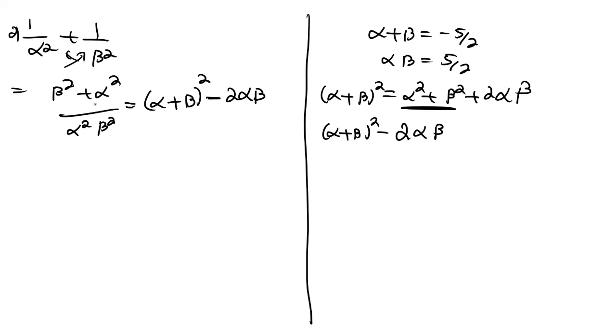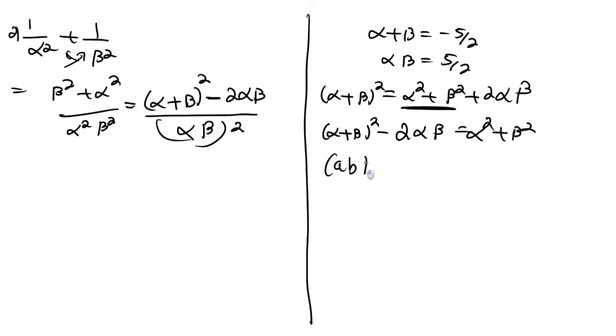Substitute here, beta square plus alpha square is nothing but alpha plus beta whole square minus 2 alpha beta, divided by alpha square plus beta square, which is alpha beta whole square. What's the indices formula? AB to the power m is a to the power m into b to the power m. All these are formulas.